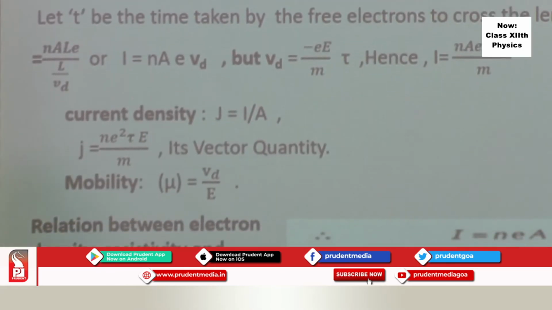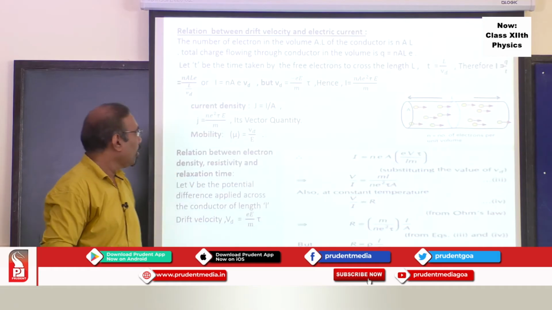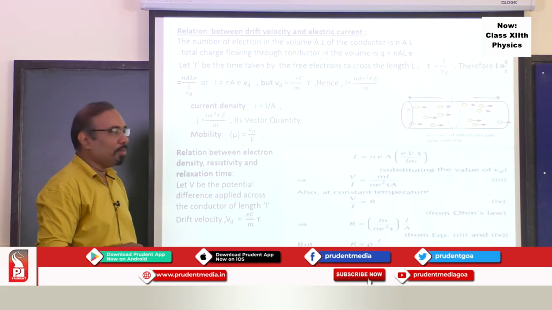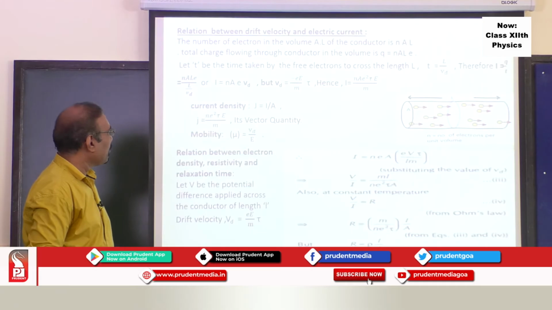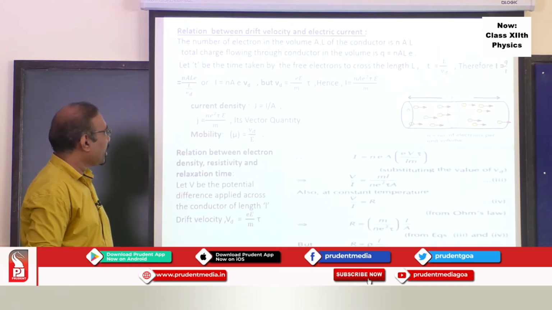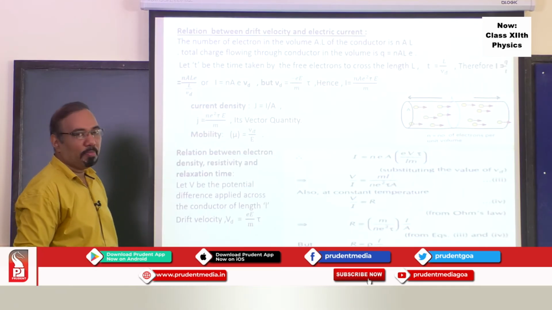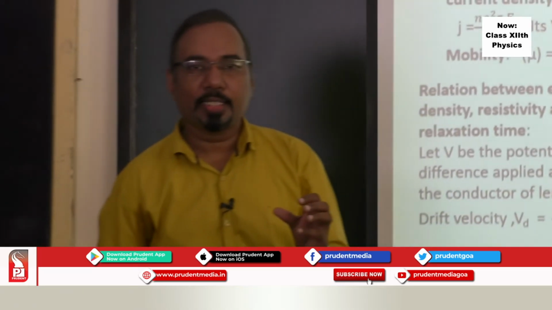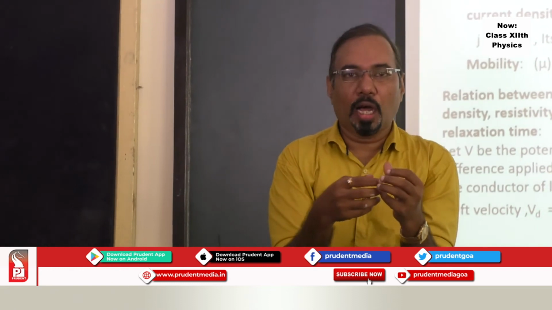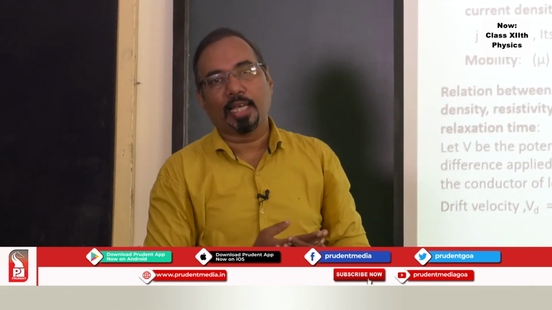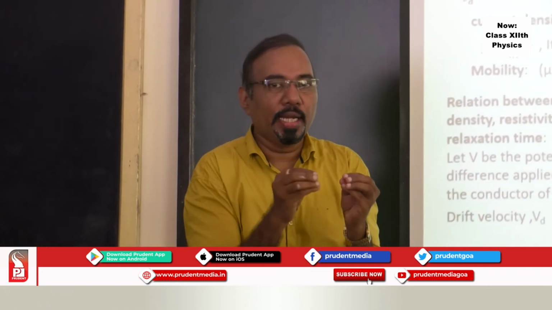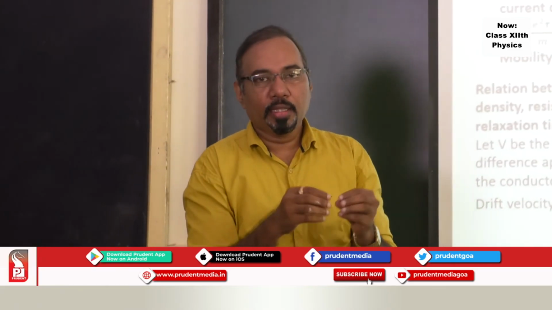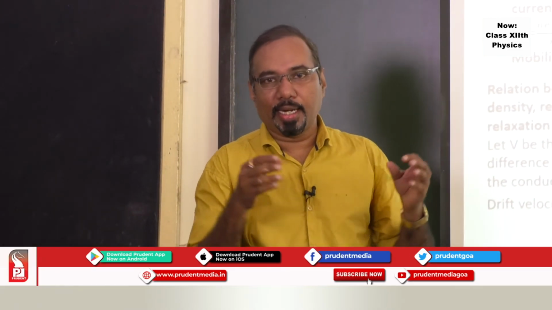And we define one more quantity called mobility. Mobility is nothing but the magnitude of drift velocity divided by electric field. Mobility more or less expresses to what extent those charges are mobile in nature. So, mobility is Vd upon E. Now, electrons are the carriers of current in the conductor.